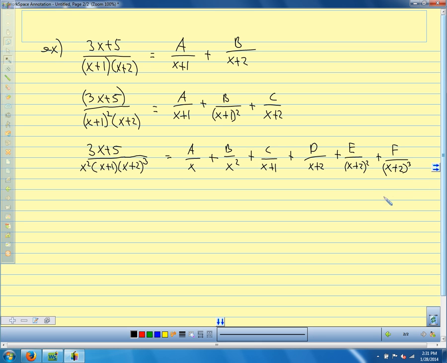So that one's pretty long. We won't be doing anything that's that long today. But I just want to show you how we break it apart. One partial fraction for each possible power of the factors in the denominator.